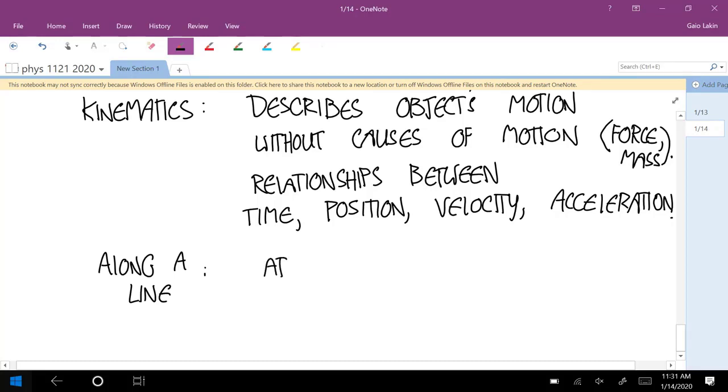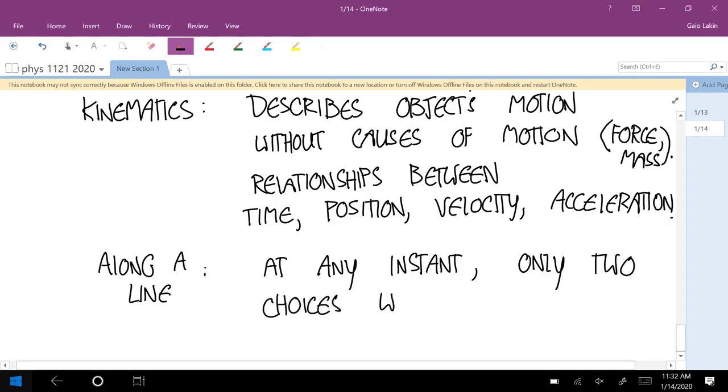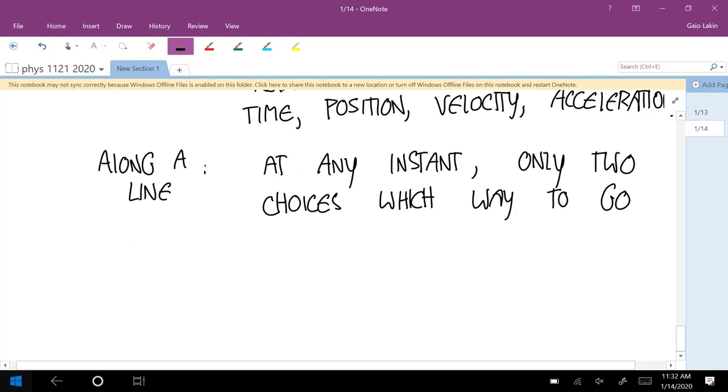Let's think of this as at any instant, there's only 2 choices about which way to go. So like if this is the line and this is the particle moving along the line, it can go this way or it can go this way.